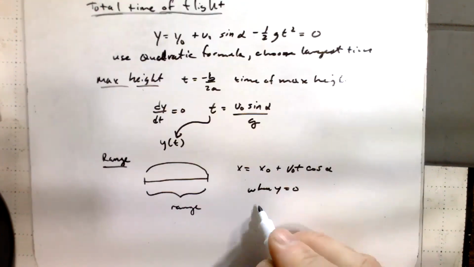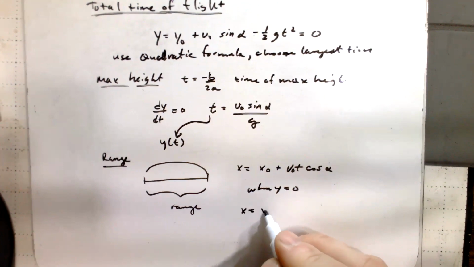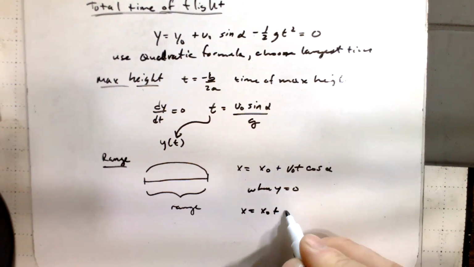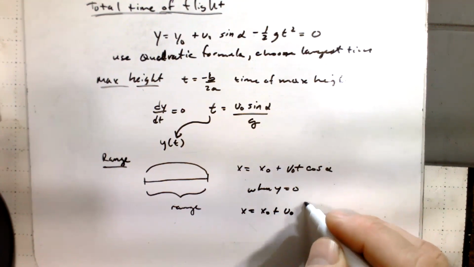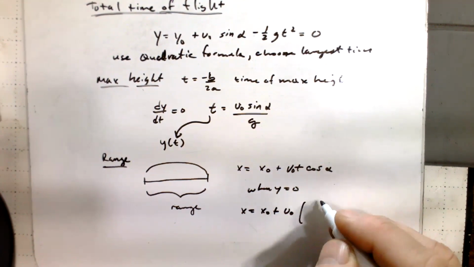Okay, so that gives us then that x is equal to x naught plus v naught, and then some really fun stuff. I'll go ahead and enter that.